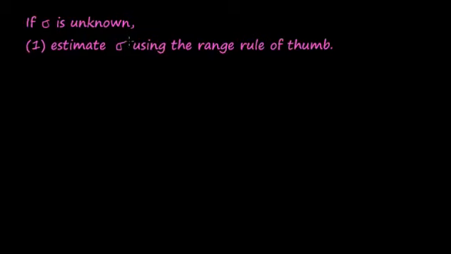If sigma is unknown, we can estimate sigma using the range rule of thumb. Haven't seen this in a while. You might recall that at one time we saw sigma was approximately equal to the range divided by 4.